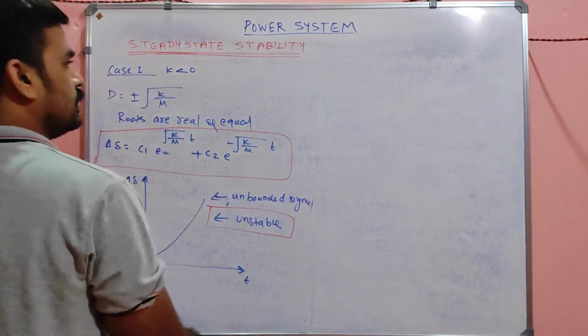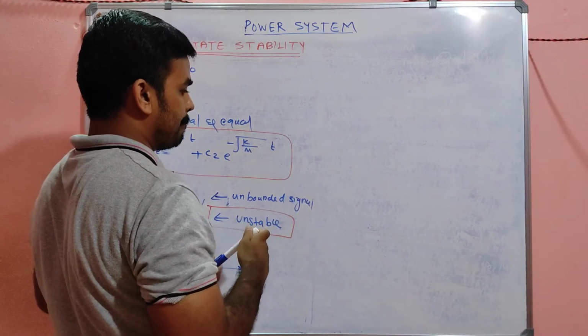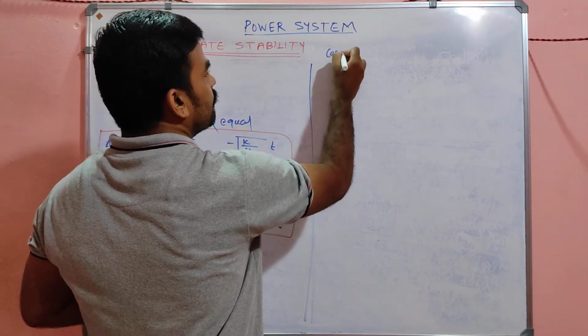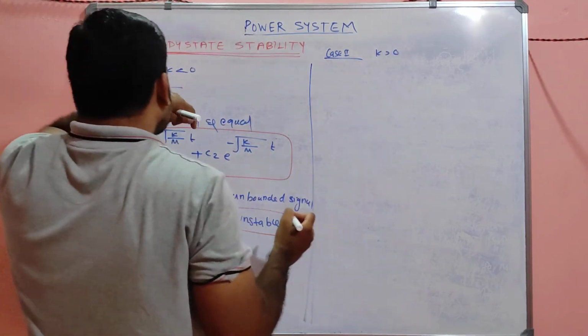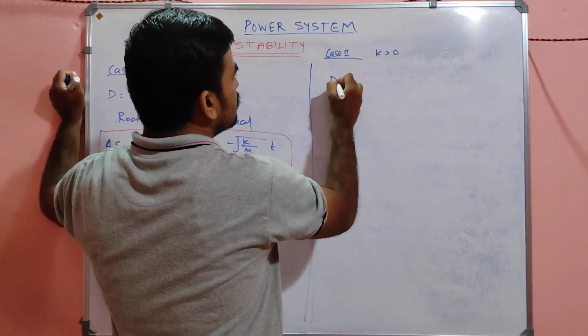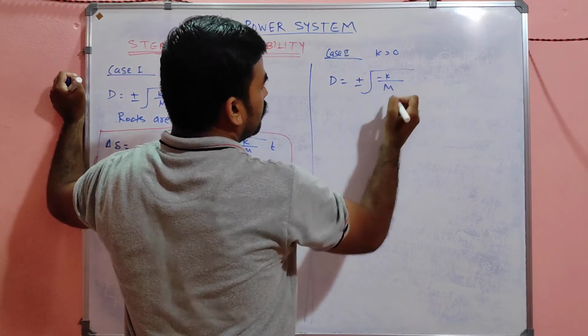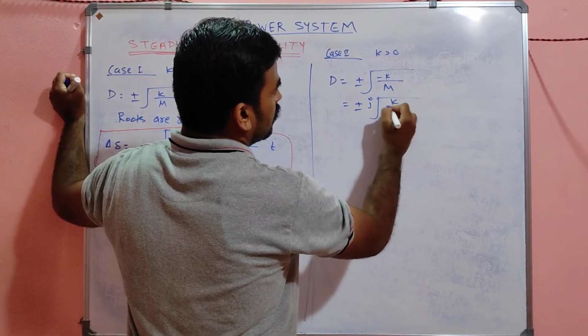Case 2, we will discuss case 2. K greater than 0. Then what will be the value of D, my dears? D is equal to plus or minus root of minus k by m. So it will be plus or minus j root of k by m.